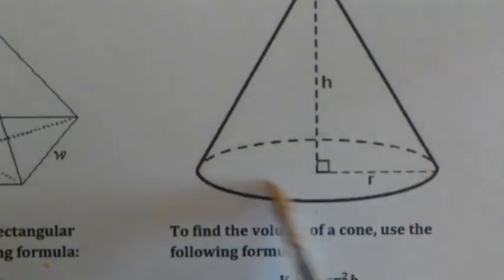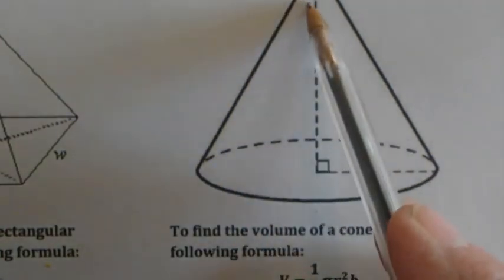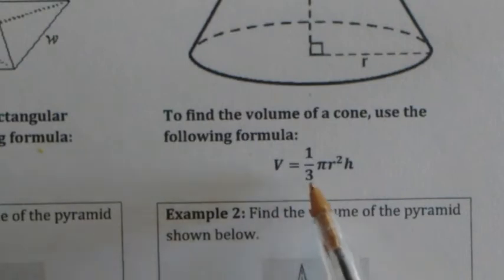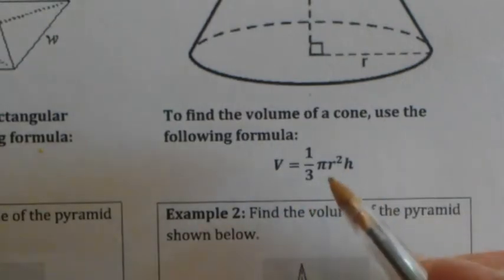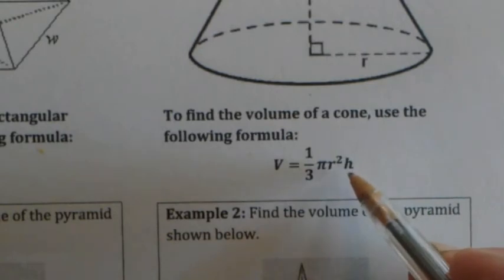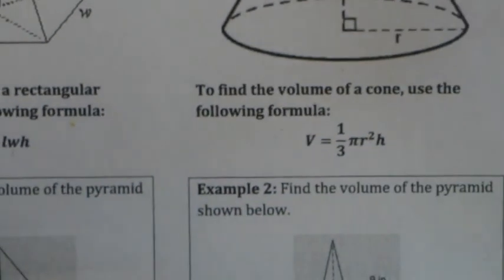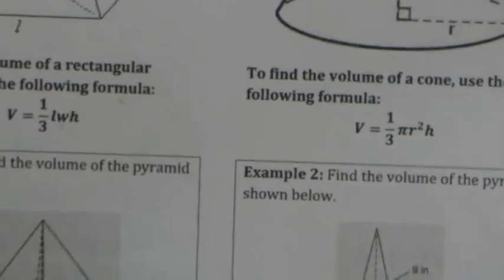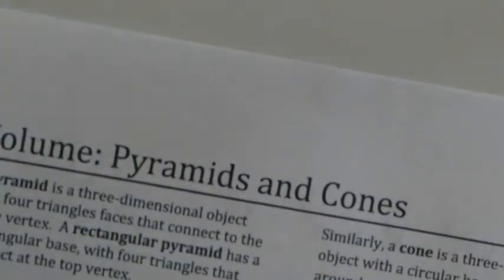Take the area of the base, multiply it times the height, and then you take 1/3 again. There's the area of the base, pi r squared. Multiply times the height, and then you take 1/3. Okay? Anyway, read through this page so you understand how to compute the volumes of pyramids and cones, and then you can work on some practice problems.